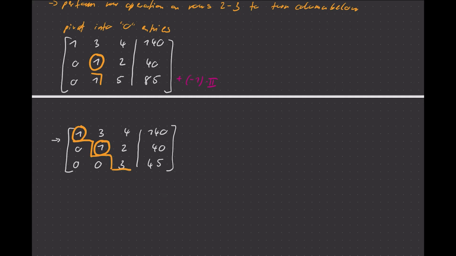And the third round, you have to consider, sorry, that's the third column. You have to consider that one as well. The third column also contains a pivot because this element here is non-zero. Okay, so those are the pivots. You have 3 pivots in echelon form.